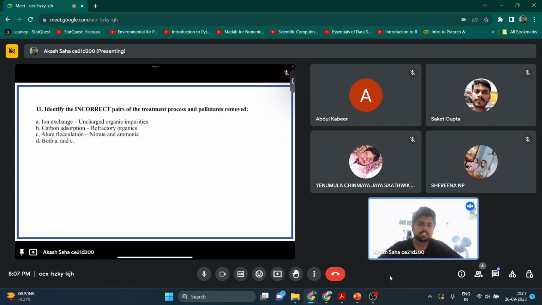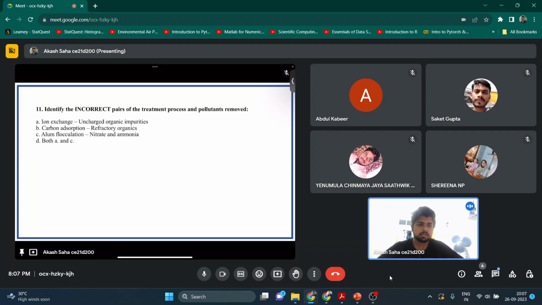And also the ion exchange process is given as uncharged organic impurities. In ion exchange, there is exchange of ions, anions or cations. So both option A and C are incorrect. So D is the correct answer, both A and C.